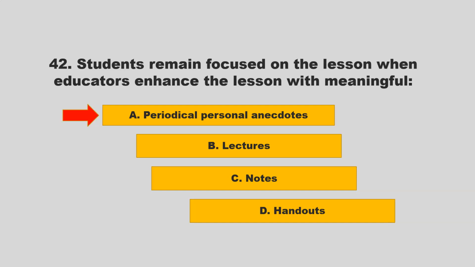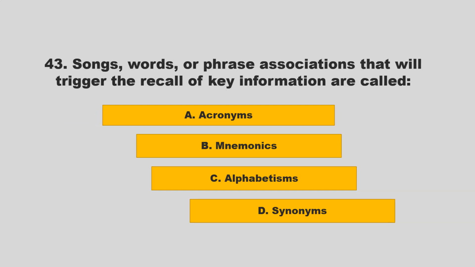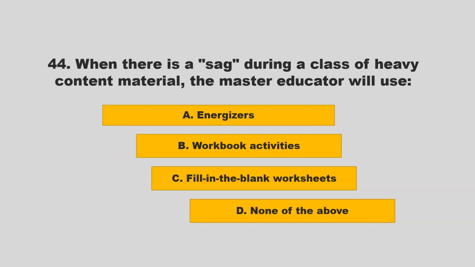If you chose A, periodical personal anecdotes, you are correct. Songs, words, or phrase associations that will trigger the recall of key information are called acronyms, mnemonics, alphabetisms, synonyms. If you chose B, mnemonics, you are correct.